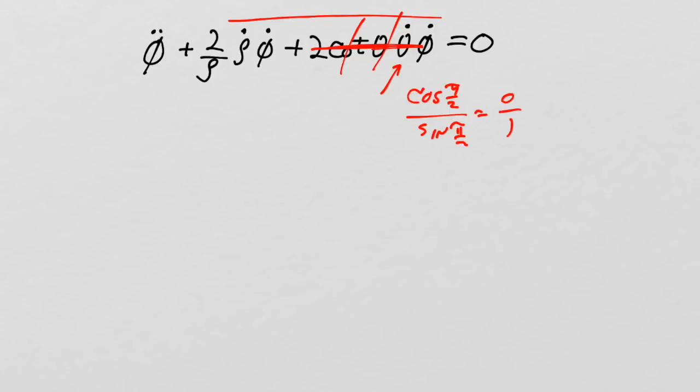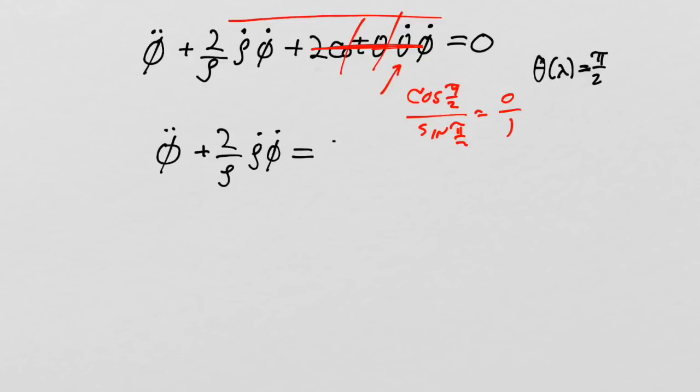Okay, so we've basically made one set of simplifications already. We've fully exploited the theta of lambda equals pi over 2 ansatz that's established by the spherical symmetry. What next? Well, the next simplification involves this equation in its form that's been reduced through this presumption.